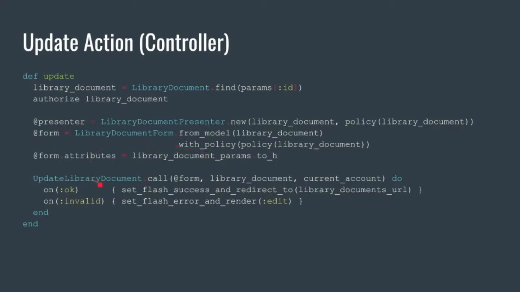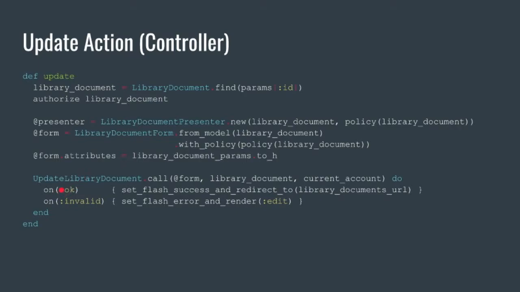And then here's the command. This was another nice thing where you can ls the directory of commands and see, okay, this application does all these specific things, which gives you a good idea of what the system does. You pass in the form, the active record object, and the current account, or whatever arbitrary thing you need to handle updating a document.